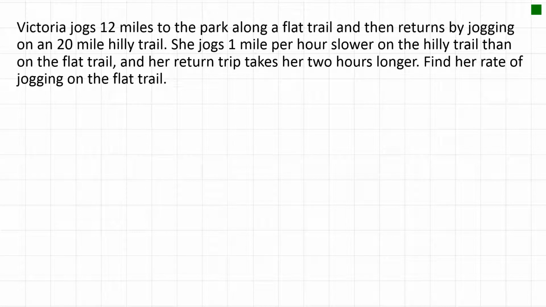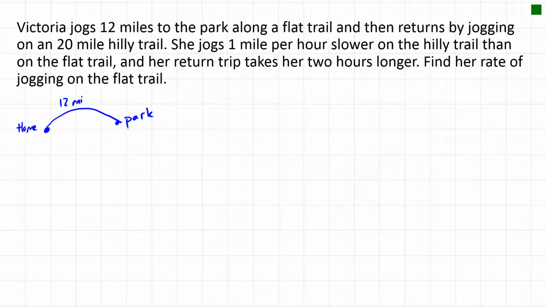Okay, so to start this problem, we've got to try to link together the common elements. Just to start, I like drawing a little picture for this. Makes life a lot easier. So here's her home. Here's the park. Jill runs 12 miles to get to the park.